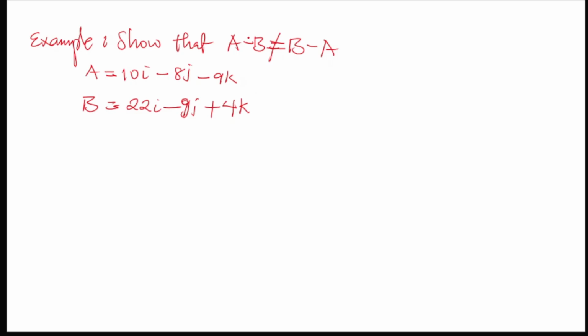The example says show that, meaning explain why A minus B is not equal to B minus A. Giving your A vector to be 10i plus 8j minus 9k, and B to be 22i minus 9j plus 4k.